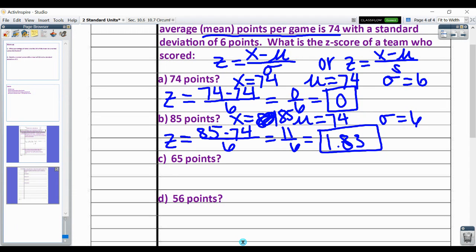And then a team with 65 points, so x equals 65 this time. Mu is still 74, and sigma is still 6. Substitute the values in. Notice how I'm still keeping x up front, or I put x first and then subtract the mean from it.